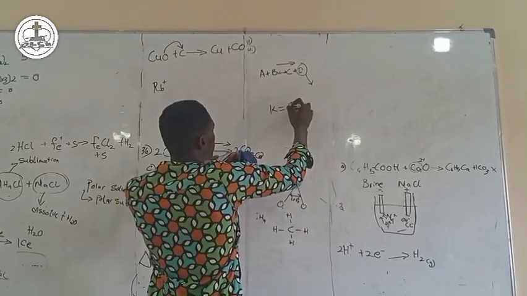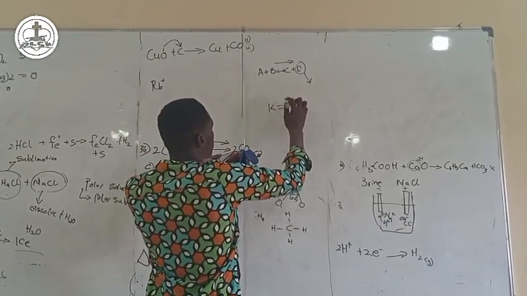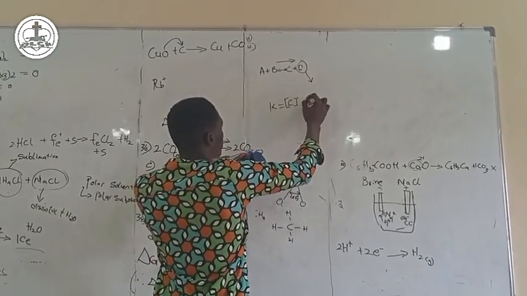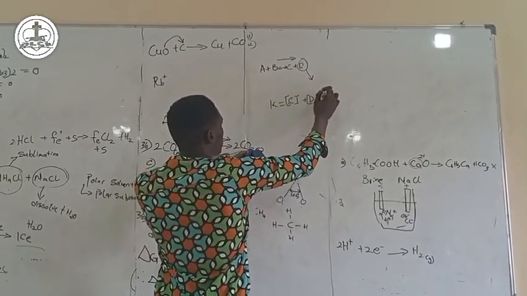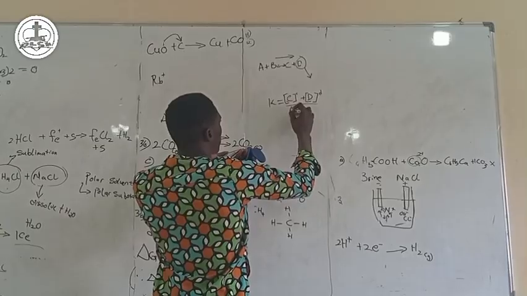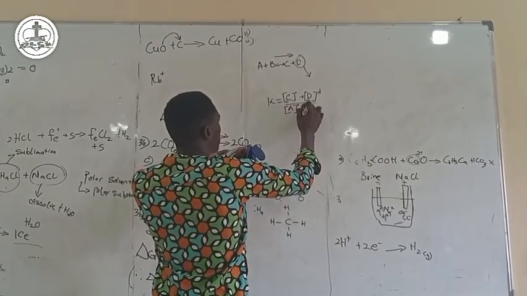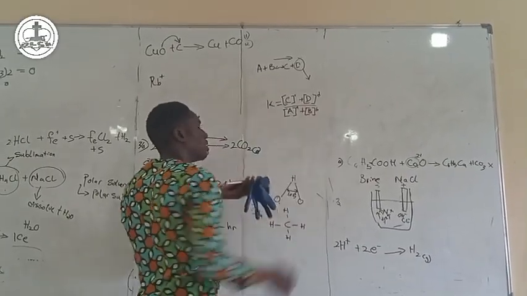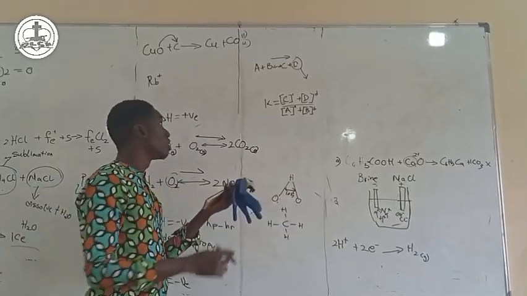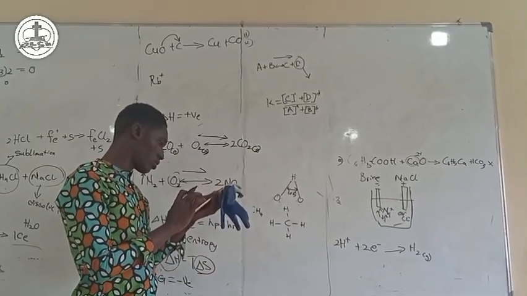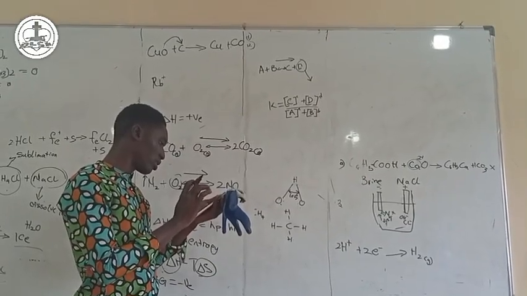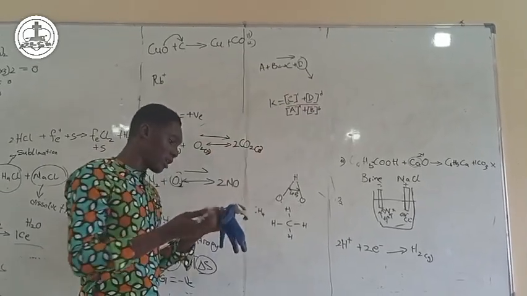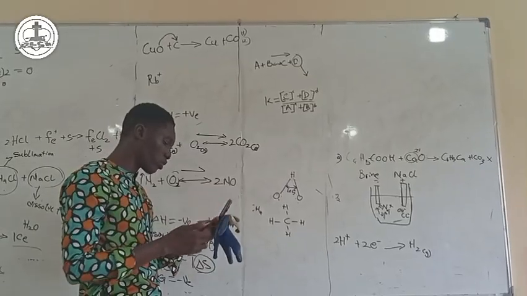So we have C over C plus D over D, over A over A plus B over B. Since the two equilibrium constants are constant, the equilibrium constants will also remain constant.